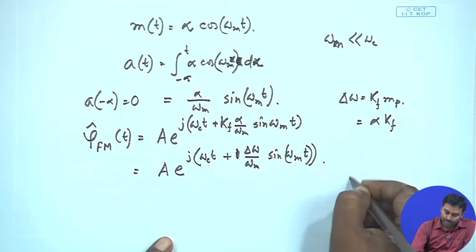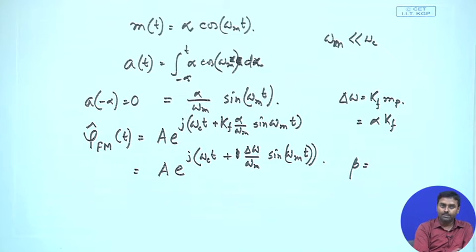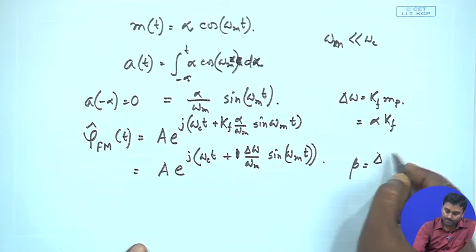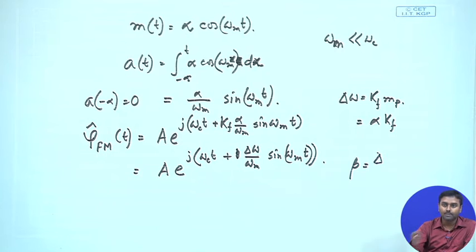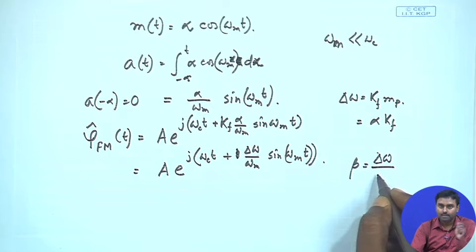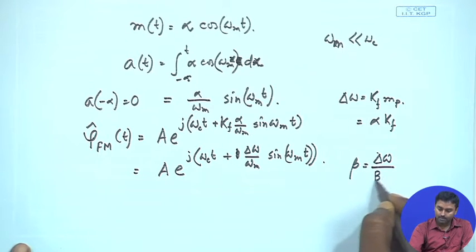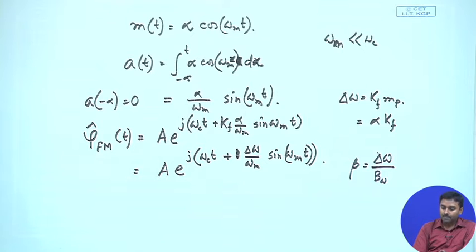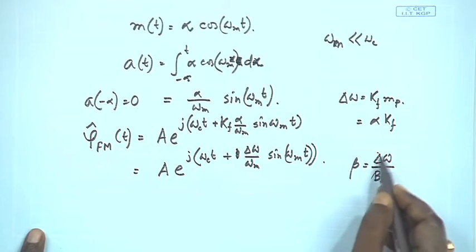Okay. Now, what is beta? That deviation ratio was actually del f, or if I represent it in terms of omega, that should be del omega divided by the bandwidth in the omega domain. Now, for this particular message signal, what is the bandwidth? It is just a tone at omega m. So, the bandwidth must be that only, right. So, B must be omega m, and del omega is this one.